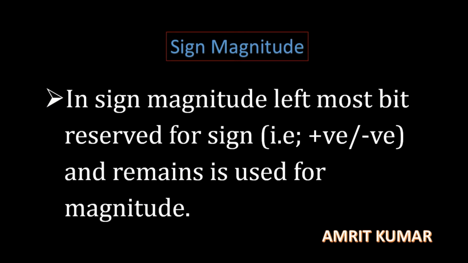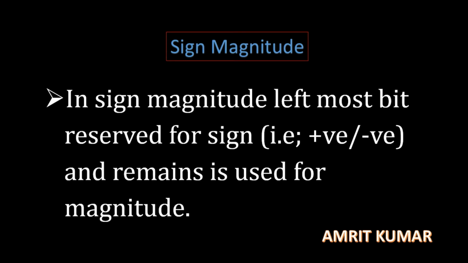In sign magnitude, you have to reserve the leftmost bit for the sign. What is the sign? It might be positive or negative. The sign is either positive or negative, and the remaining bits are used for the magnitude.